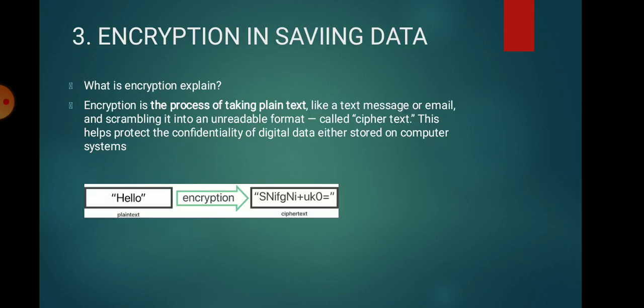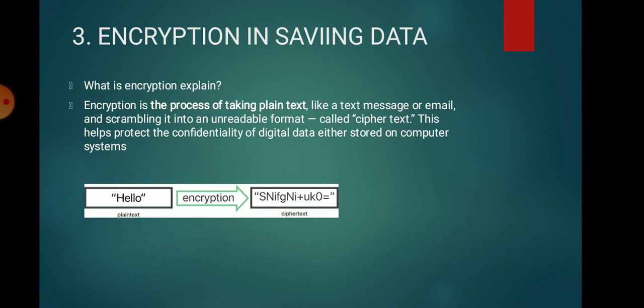Next, the third is the encryption in saving the data. First, what is encryption? Encryption is the process of taking plain text like a text message or email and scrambling it into an unreadable format called ciphertext. This helps protect the confidentiality of digital data stored on a computer system.